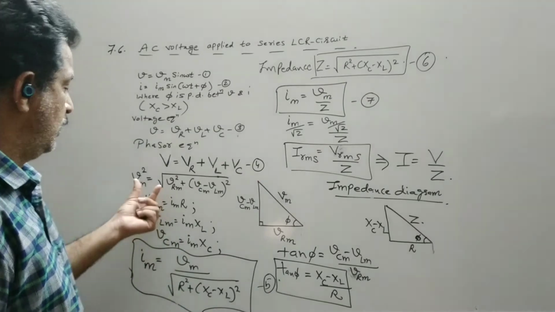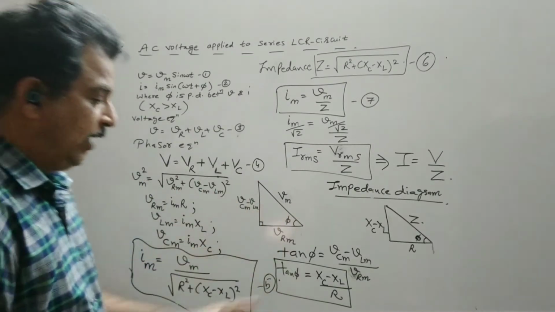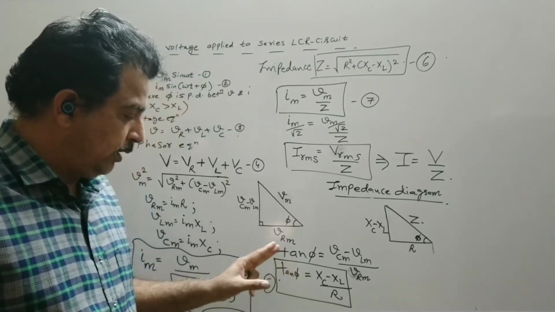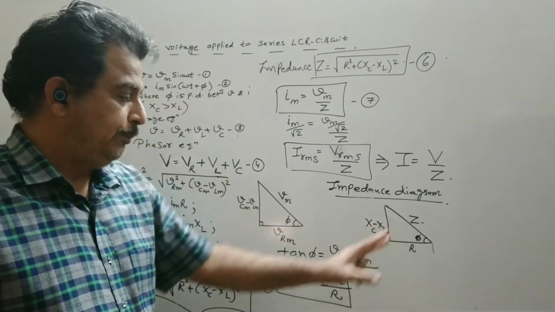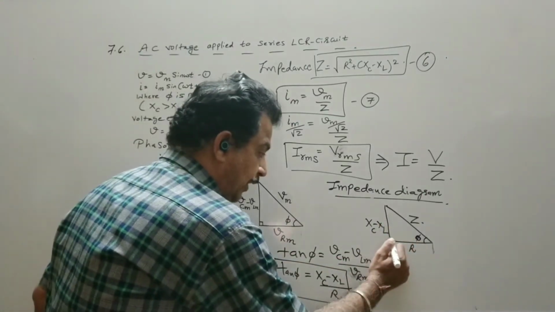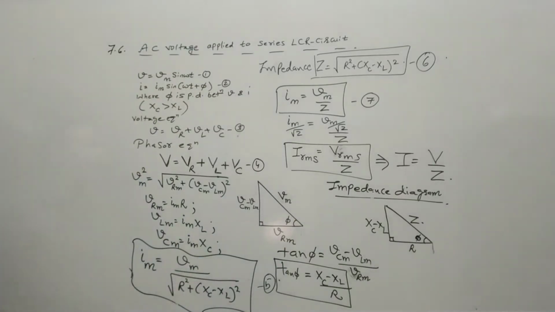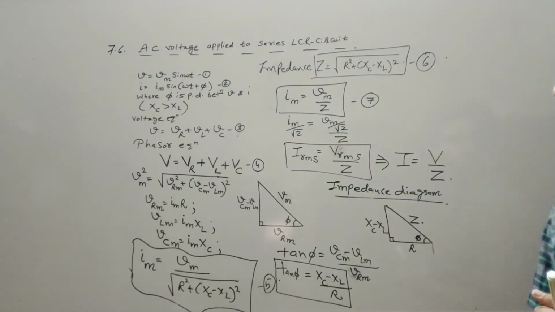Similarly, Vm can be found by this equation. Tan phi, whether you find it from the voltage diagram or the impedance diagram, comes out to be the same. So this is all we have for AC voltage applied to a series LCR circuit.